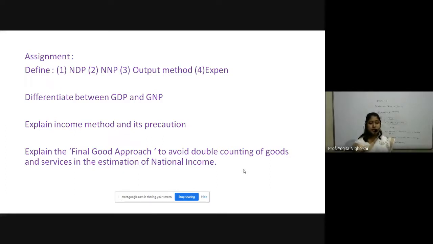Then explain the income method and its precautions. And the last question is very important: explain the final good approach to avoid double counting of goods and services in the estimation of national income. Write down this assignment in your notebook.